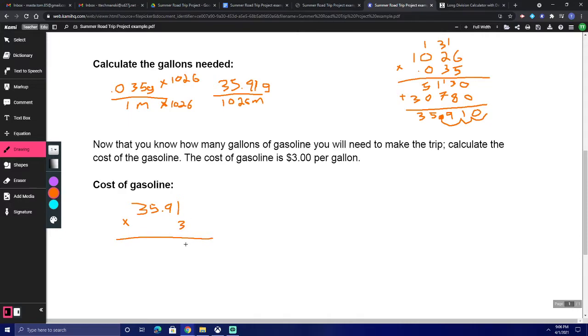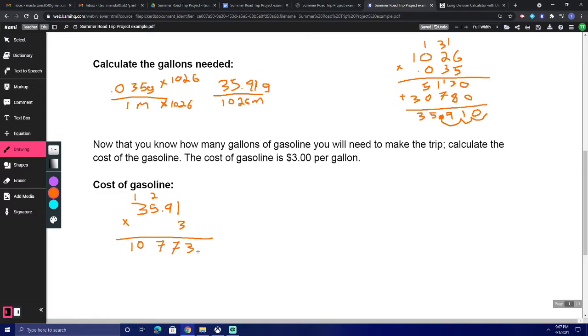I know 3 times 1 is just 3. 3 times 9 is 27, so I'd carry a 2, put a 7 there. 3 times 5 is 15, plus 2 is 17. And I know 3 times 3 is 9, plus 1 is 10. Remember, my multiplication problem did have a decimal, in this case 2 digits.